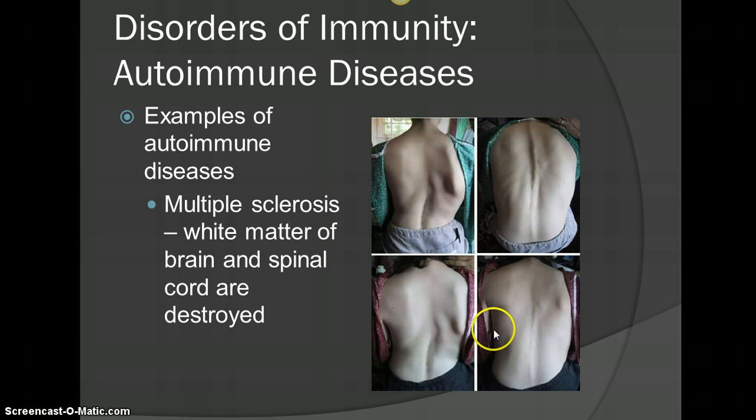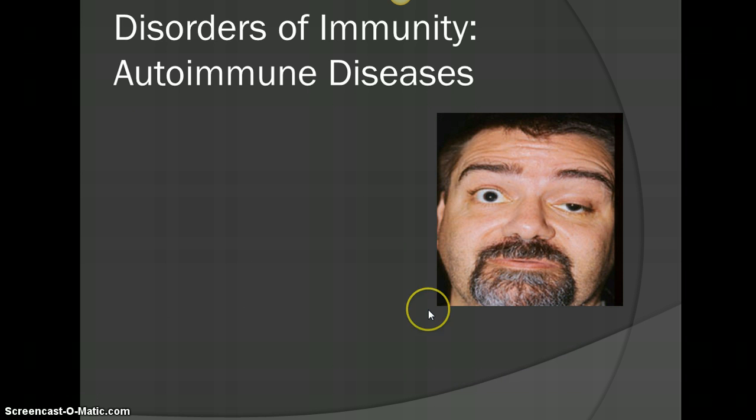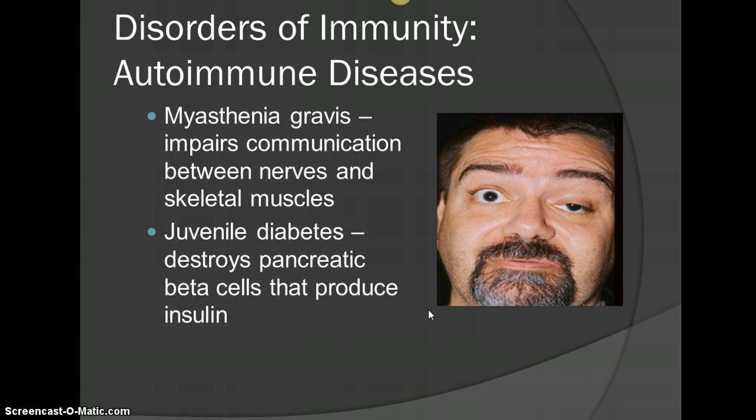And so you're kind of seeing somebody's spine as it starts degrading. Another one is myasthenia gravis. We actually talked about this with the neuromuscular disorders, and it's where the communication between the nerves and skeletal muscles is not there anymore.